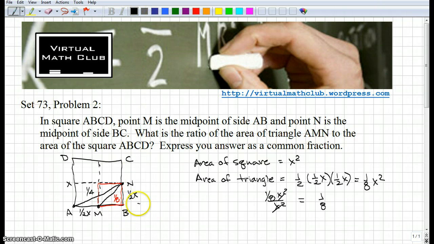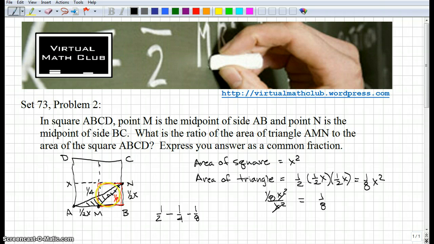So, if I take 1/2, so this whole thing is 1/2, right? If I take 1/2 minus 1/4 minus 1/8, I should get the area of the triangle here. I'll shade it in. Okay?